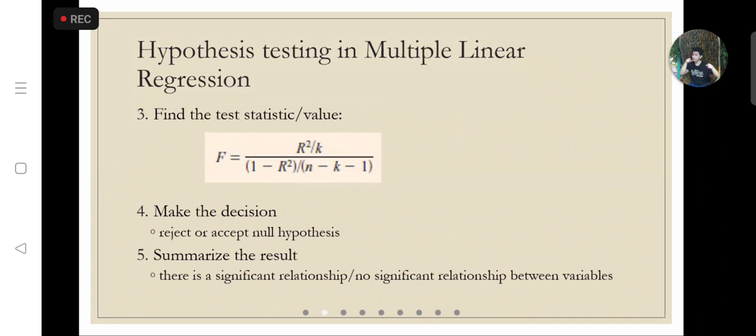The next step is making the decision. This is where you will decide whether to reject or accept the null hypothesis.